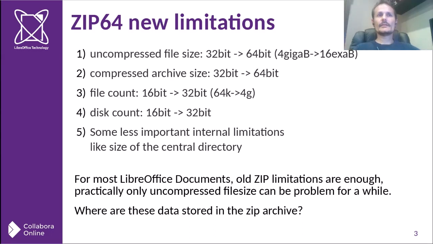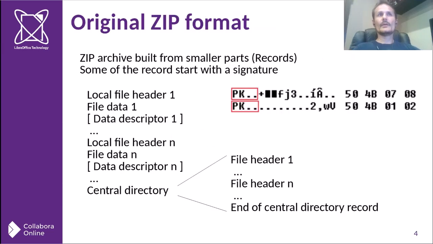Where is this data stored in the zip archive? Before we answer this, let's check what a zip file looks like. A zip archive is built from smaller parts. The standard calls them records. Some of these records start with a signature.